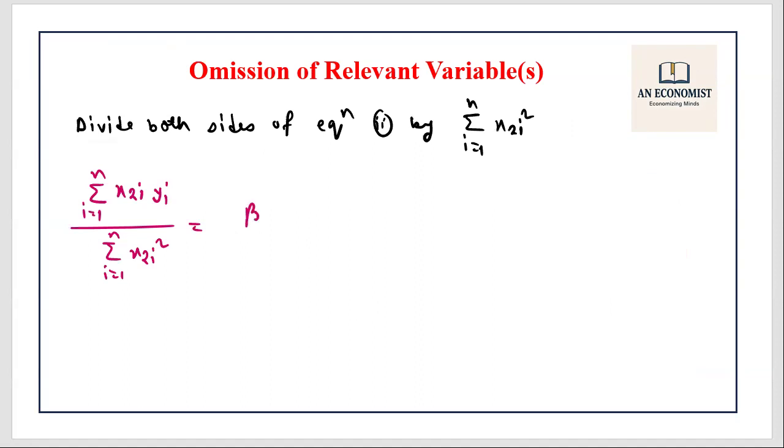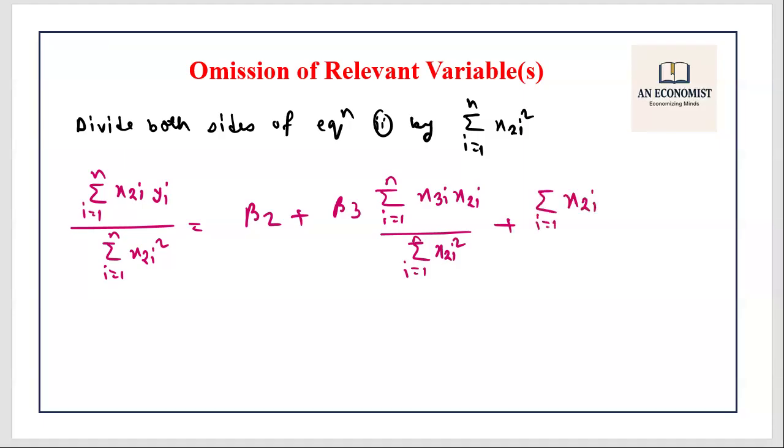If you do that, first term is beta 2, second term is beta 3, summation i from 1 to n, then you have x3i x2i upon summation x2i square, and then summation x2i (ui minus u bar). And in the denominator, again, you have i from 1 to n x2i square, right? This is what you will get.